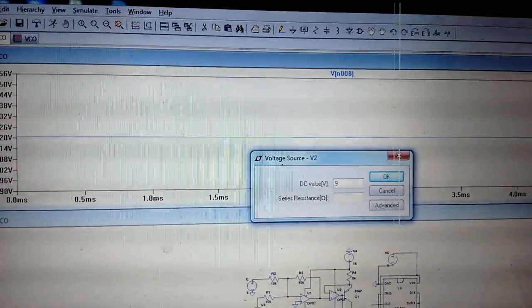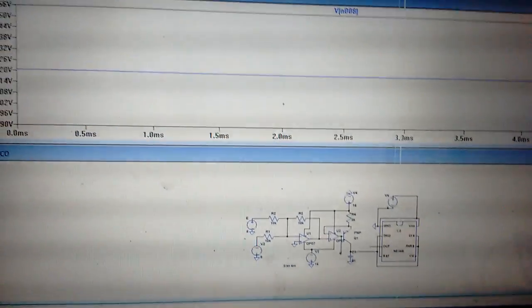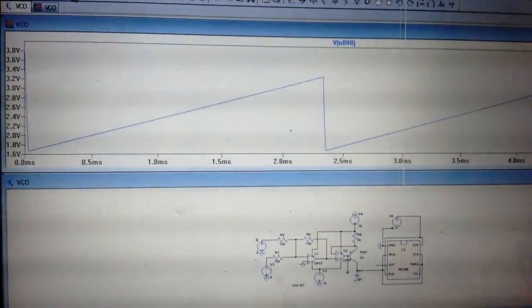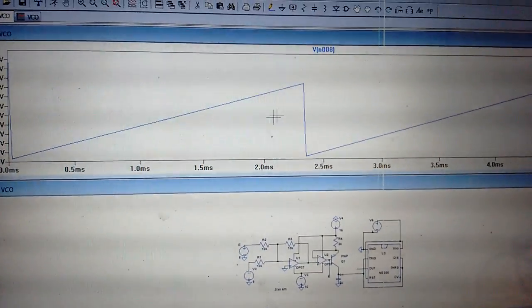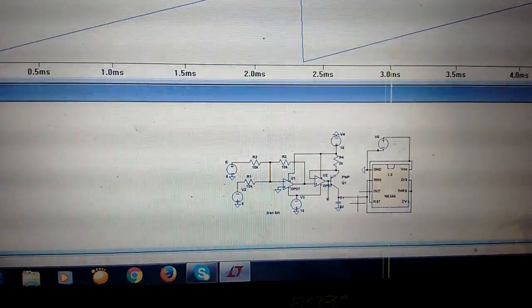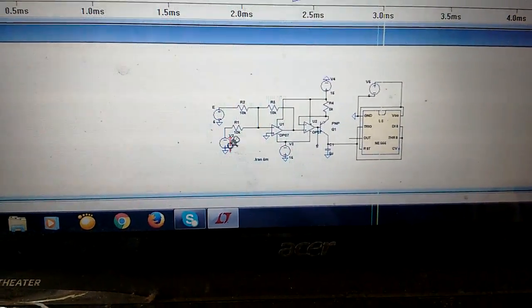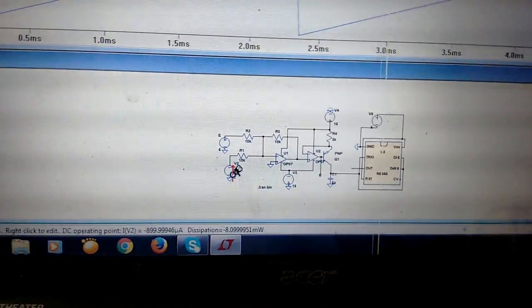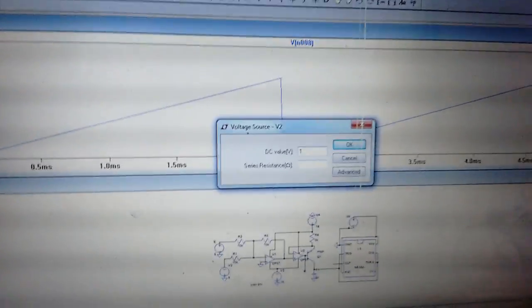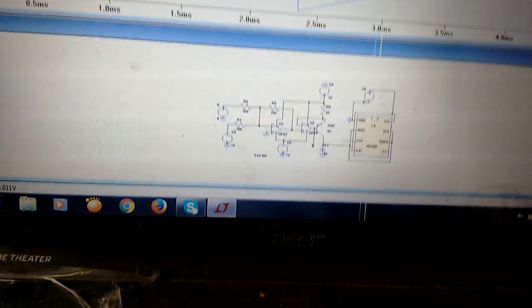If you increase it to 9 volts, we'll see what happens. Now it is generating the capacitor voltage. So we have to take some optimized voltage here. That is why they have taken 10 volt, so you can generate a waveform like this.